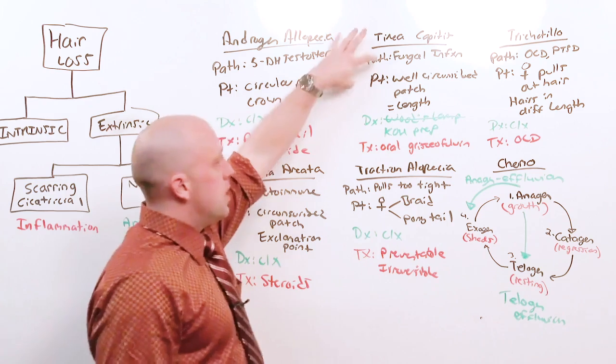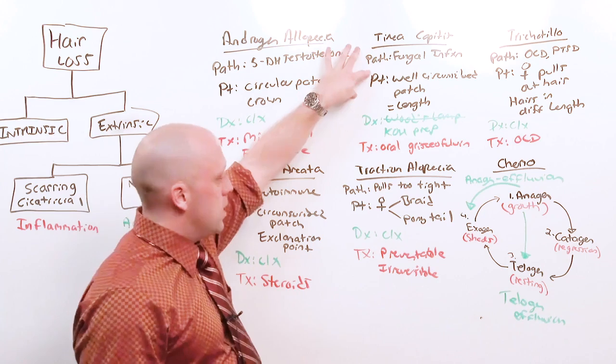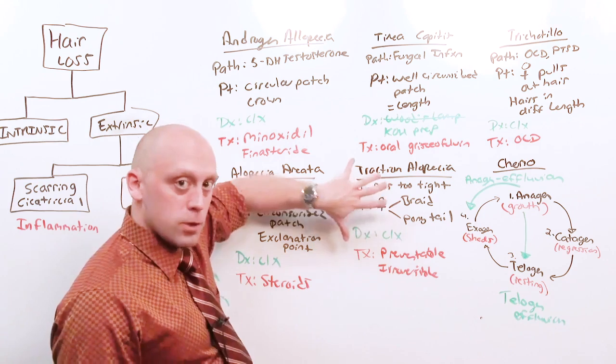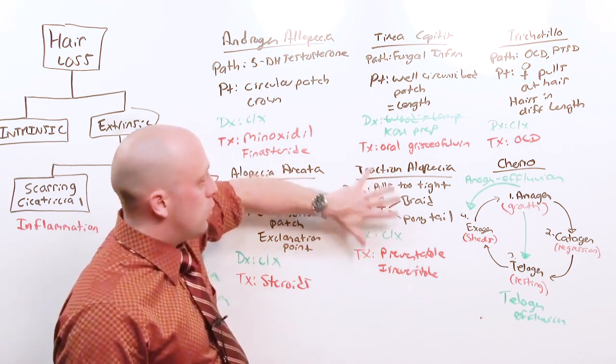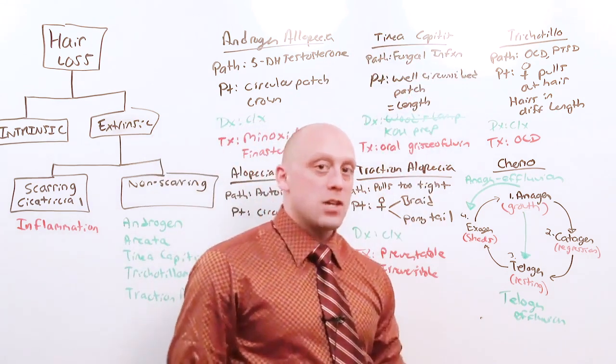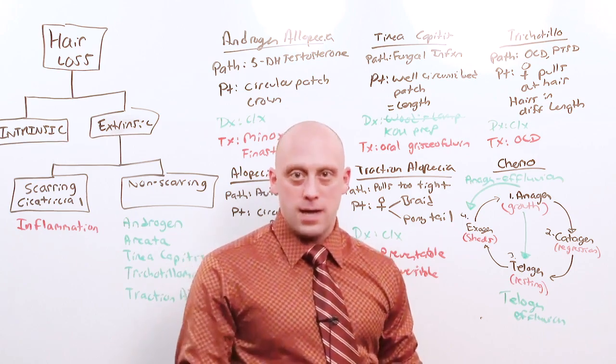Tinea capitis has a well-circumscribed patch with all hair at exactly the same length. Traction alopecia occurs in a woman who braids or puts her hair in a ponytail too tightly over a long period of time, and trichotillomania is going to have patchy alopecia all over the place with the hair in different lengths. That's alopecia.